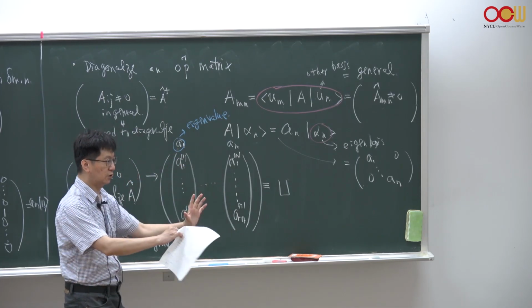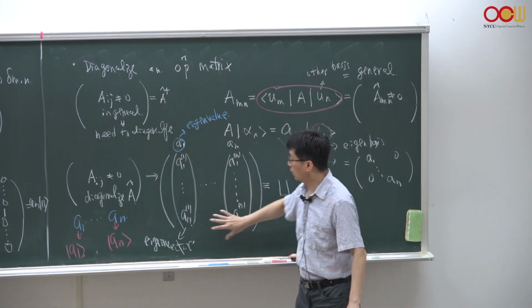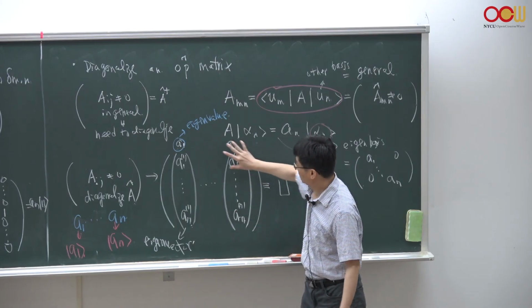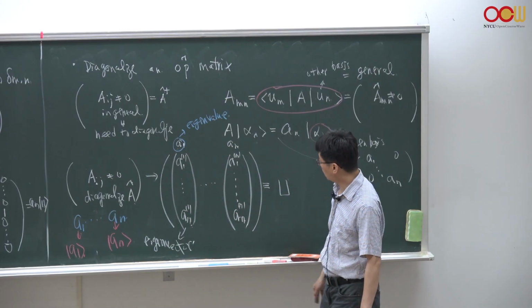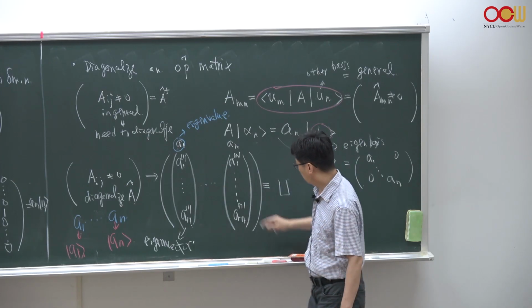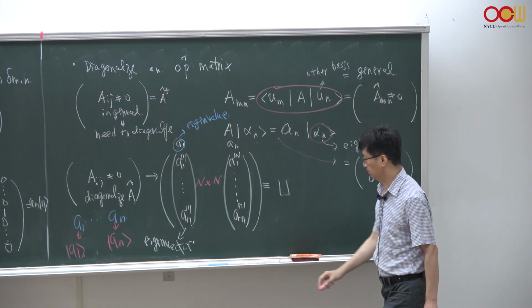You can simply merge all these eigenvectors and construct the big matrix. You have n components of each eigenvector, and you have n eigenvectors.